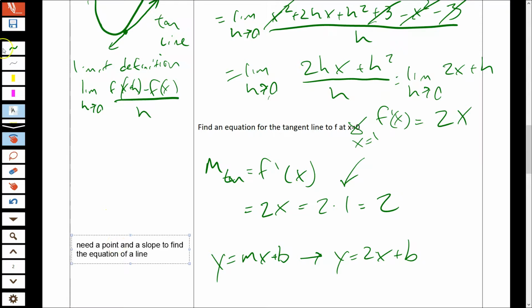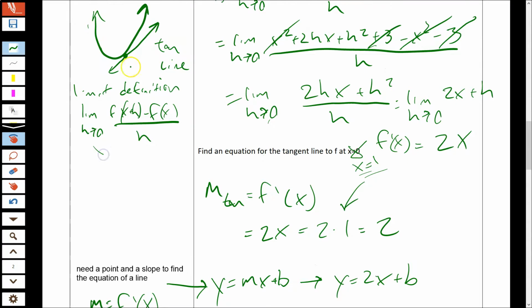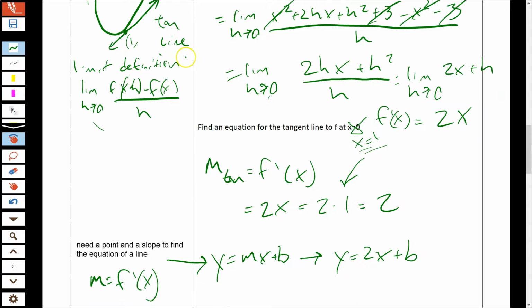So when we're finding tangent lines, we need a point and a slope to find the equation of the line. So my slope is my derivative. My point comes from what's given to me. So I know that this point here is 1 comma something. And I know it's on my original curve. So the way I can find my point, if I have x equals 1, my point is going to be 1 comma whatever my original function of 1 was.